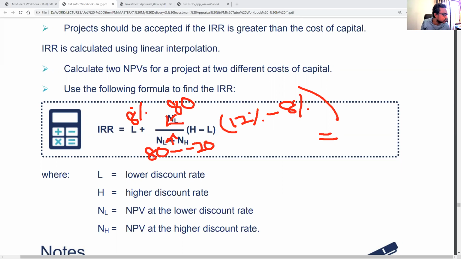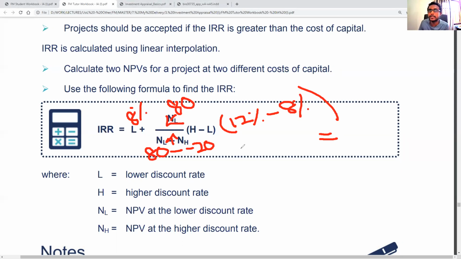Is it 11.2%? Probably. We'll wait for another answer. Anybody else? 11.2. Okay, 11.2. There we go.